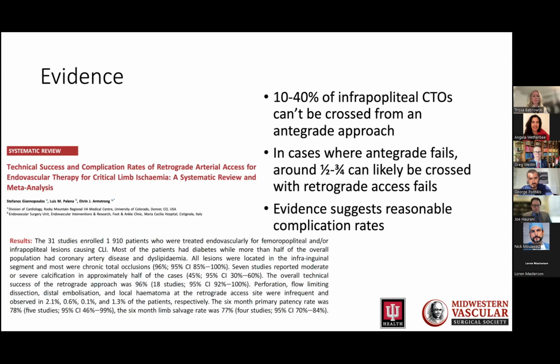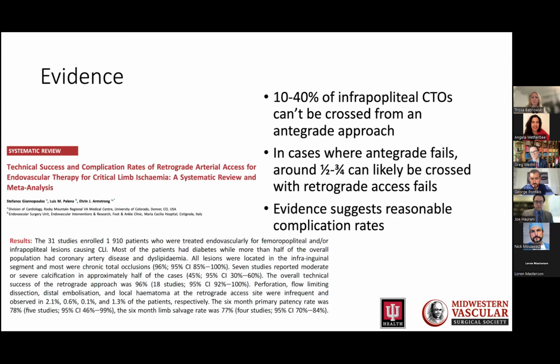And again, acknowledging that this is limited evidence, there's some evidence for reasonable complication rates. Most of us, when we think about this, are understandably concerned about trashing a tibial artery, losing our bypass options, and in systematic review of cases that have reported retrograde access, the rates of flow-limiting dissection, perforation, distal embolization, significant hematoma at the access site are all under 5%.